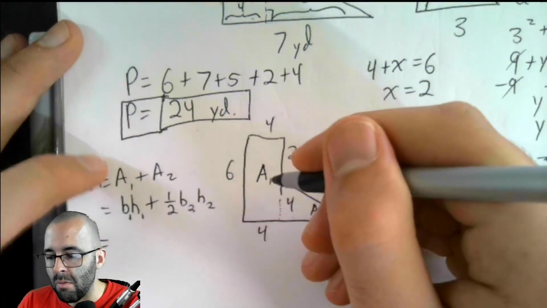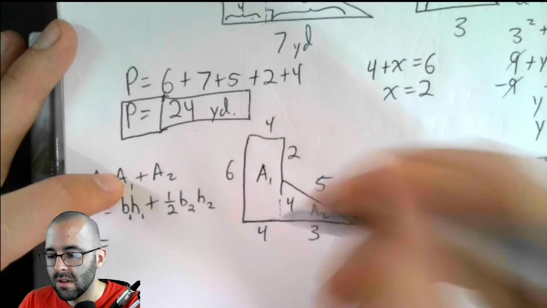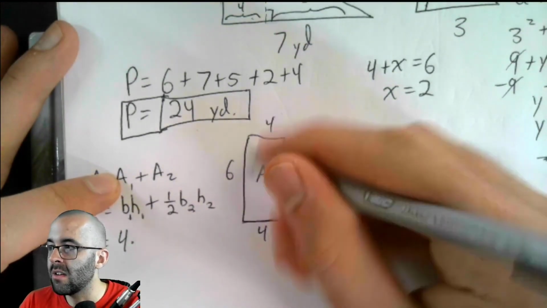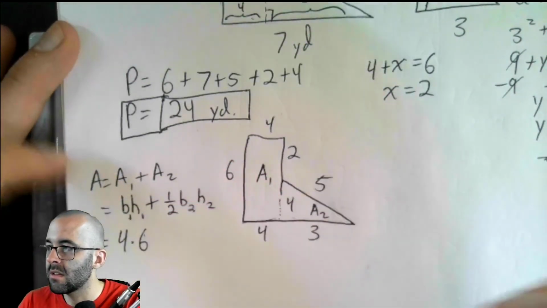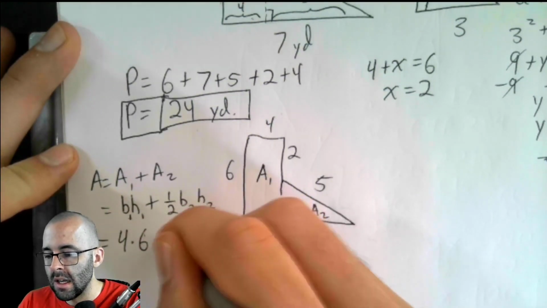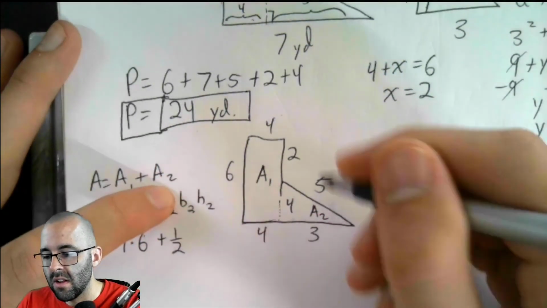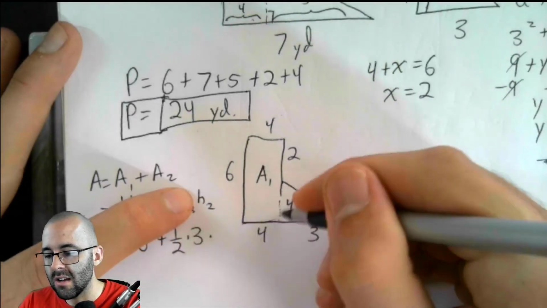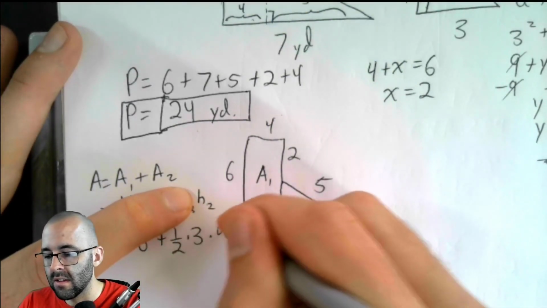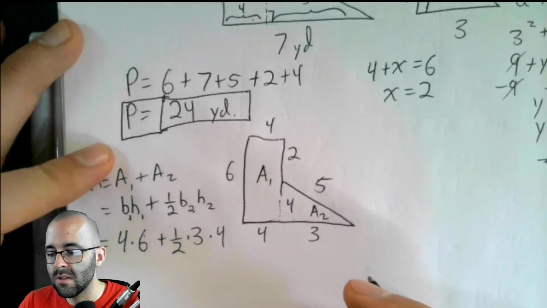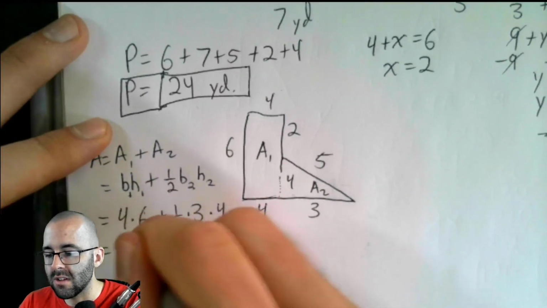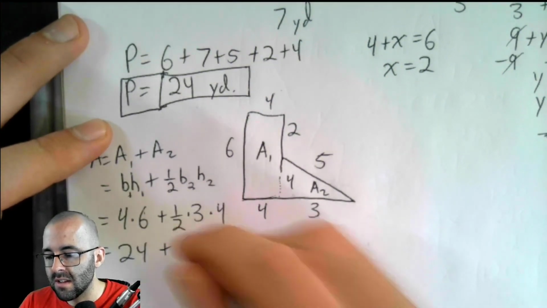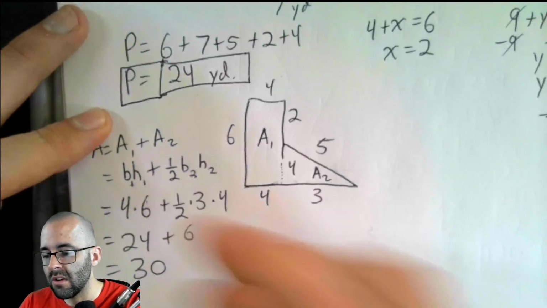So the base of the rectangle is 4 yards times the height of the rectangle is 6 yards, plus 1/2 the base of the triangle is 3 yards times the height of the triangle is 4 yards, and use a calculator to finish this off. You should get 24 plus 6 is equal to 30.